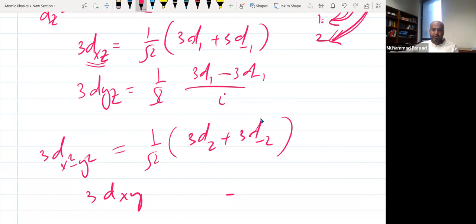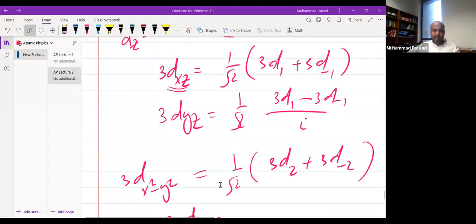And let me explain why this is called so, but let me first paste the orbitals here so we can discuss these signs.